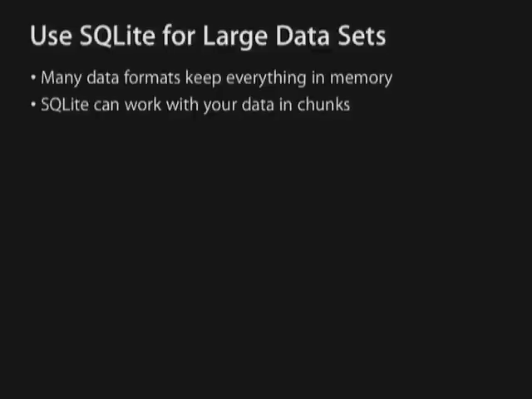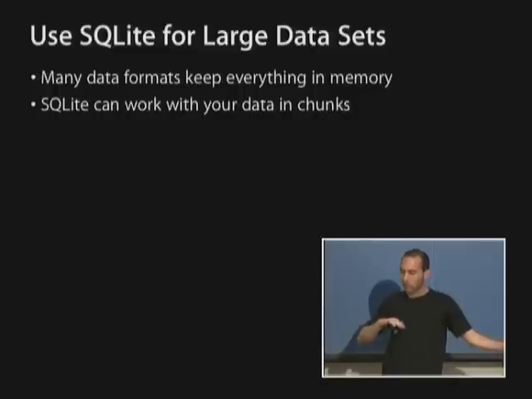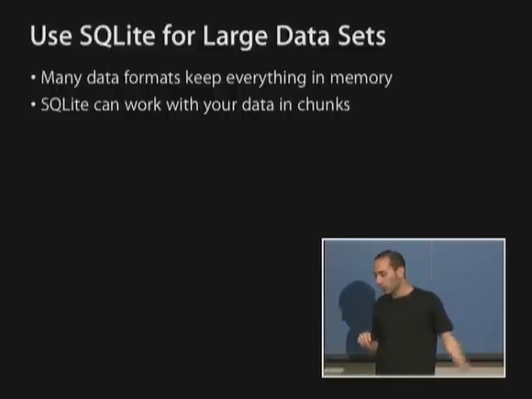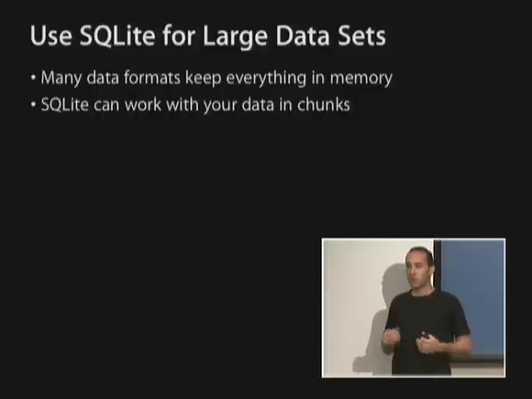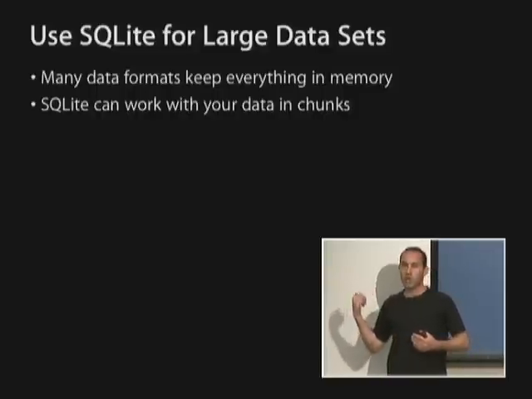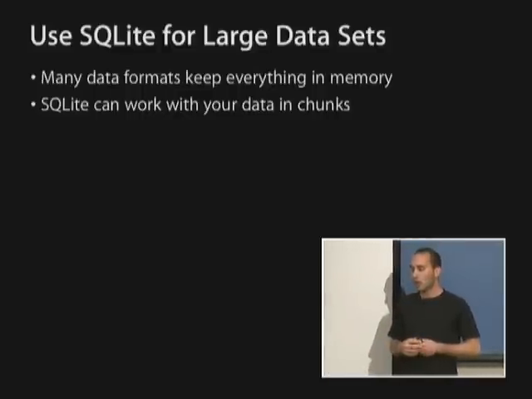You can actually, in the simulator too, if you take a look at Instruments and you're running and you look at your object allocations, you look at your memory usage, there's something in the simulator called Simulate Memory Warning. And when you hit this, it'll actually send out all these notifications, and you can inspect and see what actually happens in your app, how your app reacts to these things.